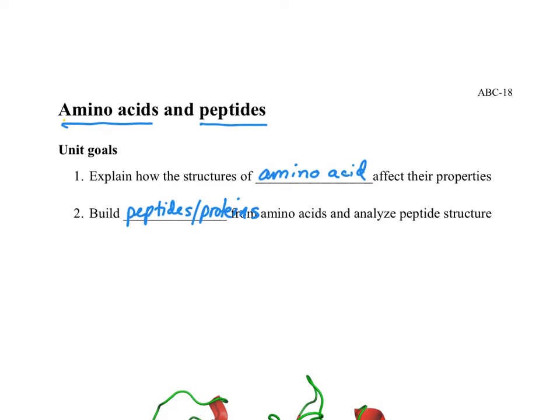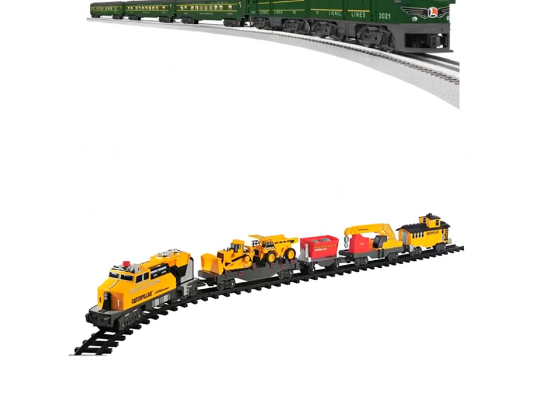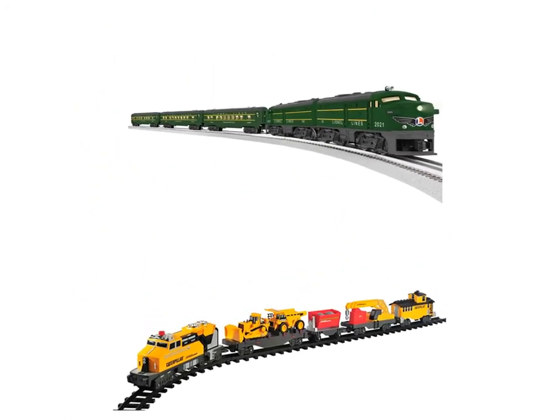Now, in order to set you up for this chapter, I want to give you an analogy that we're going to use a lot. Peptides and proteins are linear chains of amino acid units. And I like to use this train analogy to help you think about that.